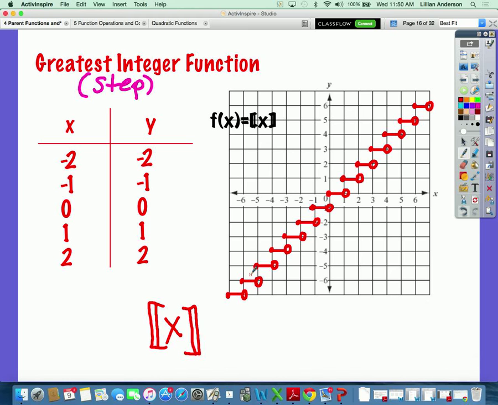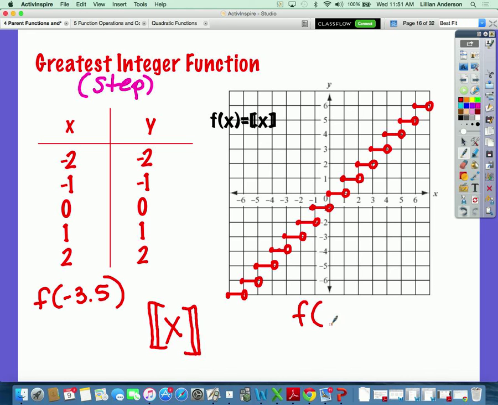How would you use the greatest integer function, like if you were to evaluate it? It's actually very simple. Say I asked you to evaluate f of negative 3.5. Negative 3.5 relates to x. If I went to negative 3.5 on my x-axis, I see that it hits the curve right here. What's the corresponding y value? Negative 4.